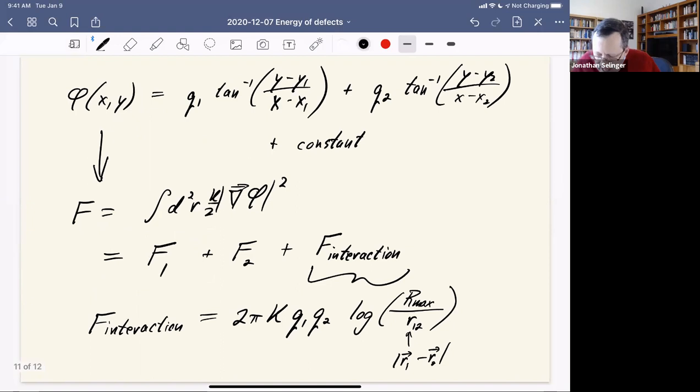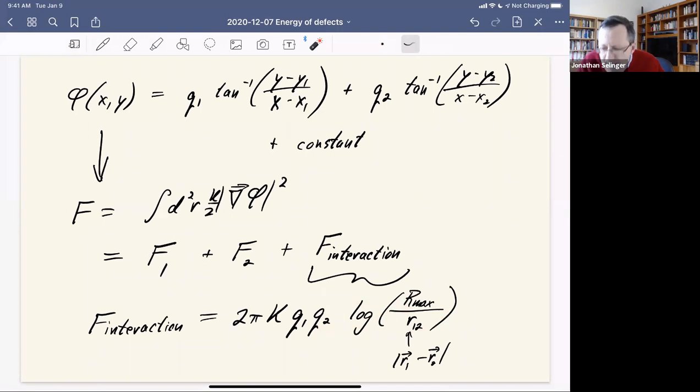If there are like charges, then this free energy has a positive coefficient in the front, and then there's the log of something divided by the defect separation.